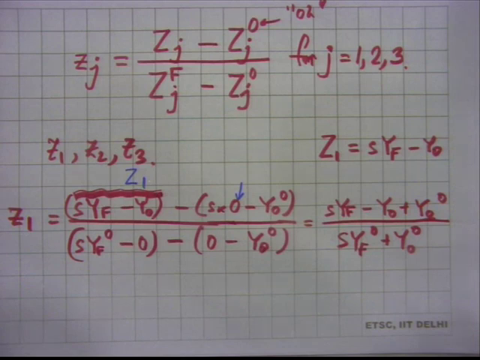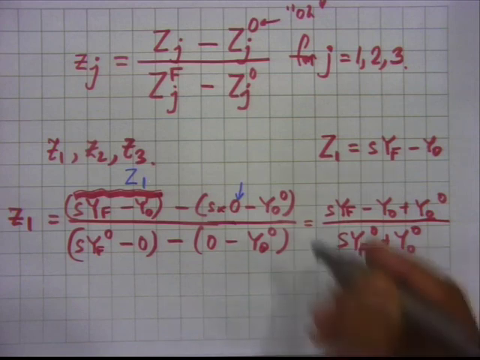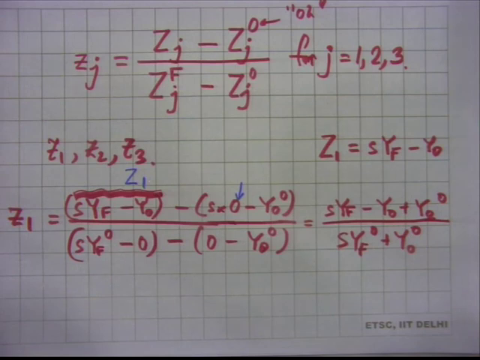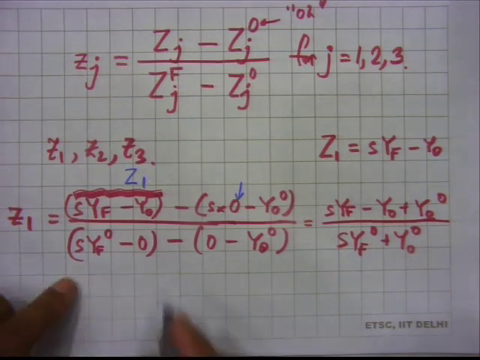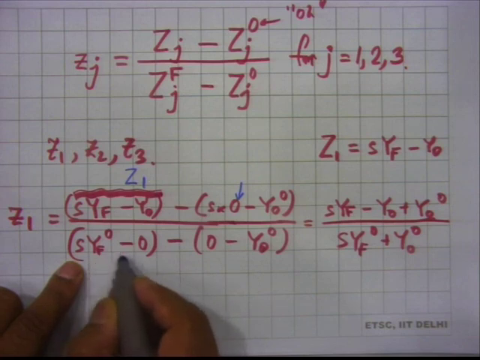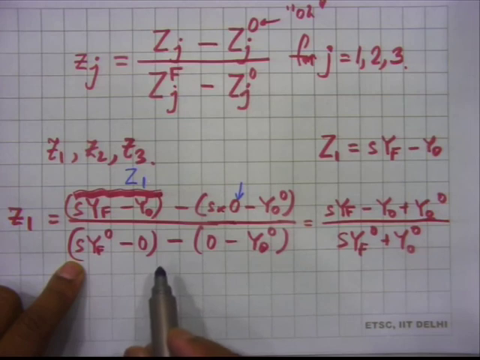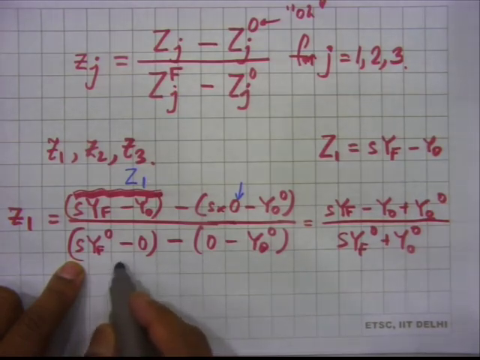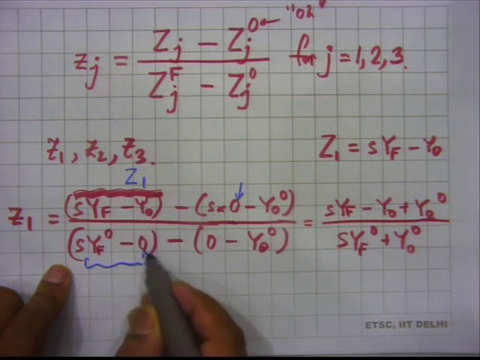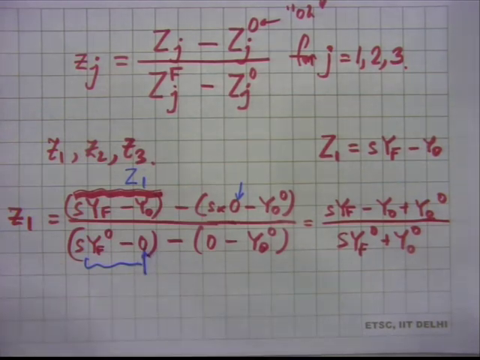And what is the value of YO in the oxidizer stream? Some baseline value, YO naught. And below we have Z1 in the fuel stream. Z1 in the fuel stream will be this, and this 0 is because the fuel stream does not have oxidizer, correct.